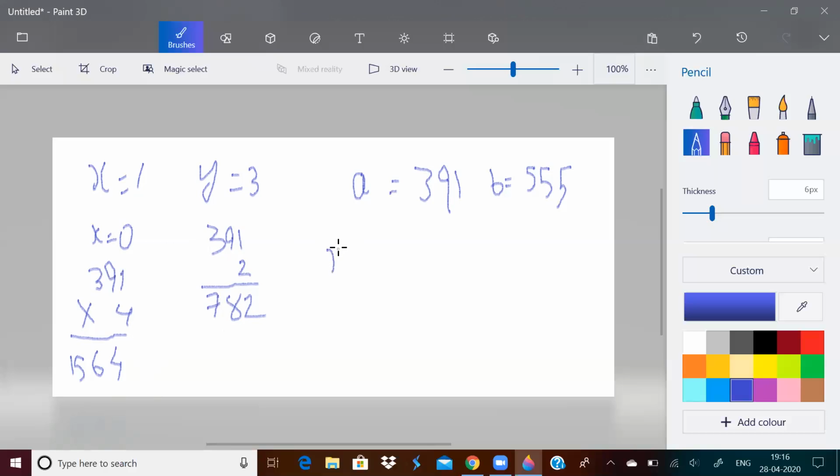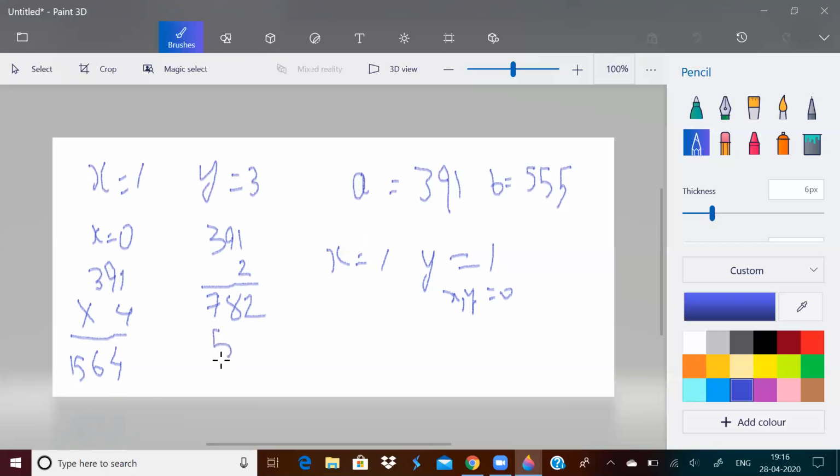Now my x is 1 and y is also 1. If I apply the second operation, that is spend $b to decrease both by 1, both become 0. My x and y both will become 0 if I apply the second operation.